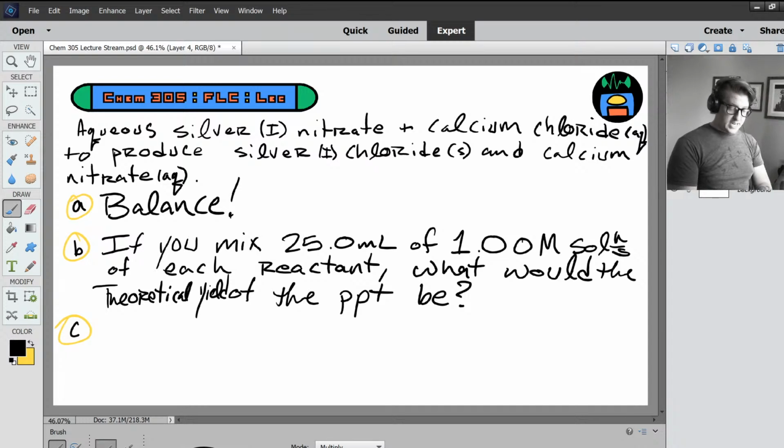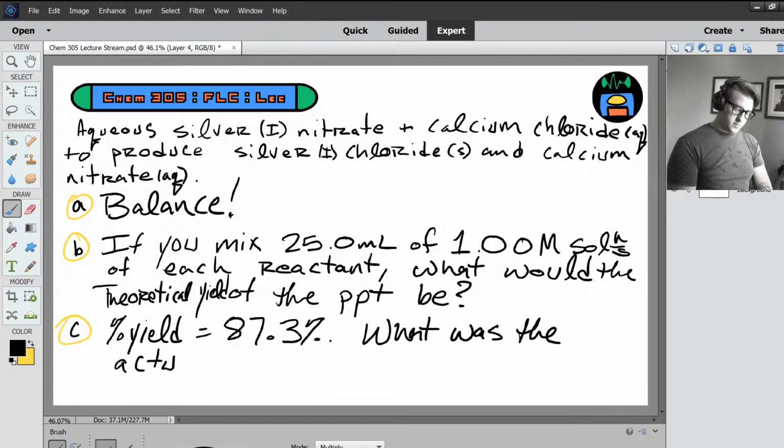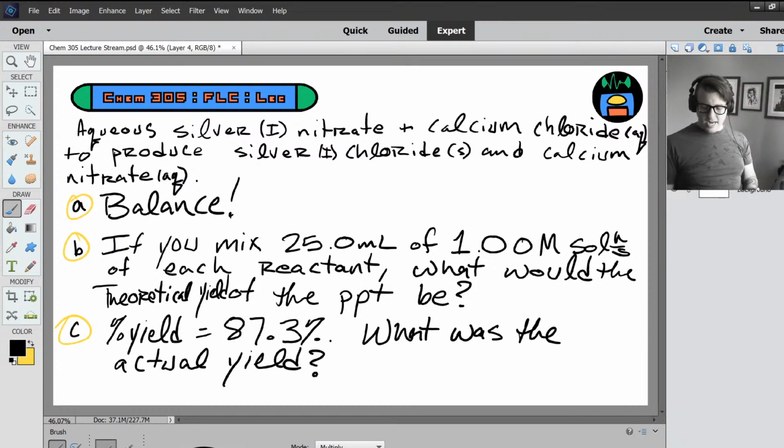And then part C, the percent yield is 87.3%. What was the actual yield? All right, so give this problem a shot.